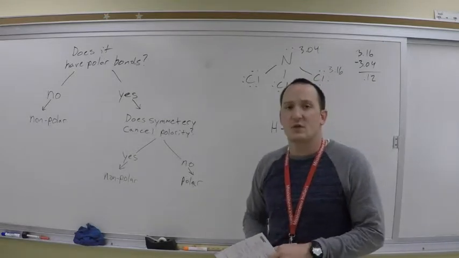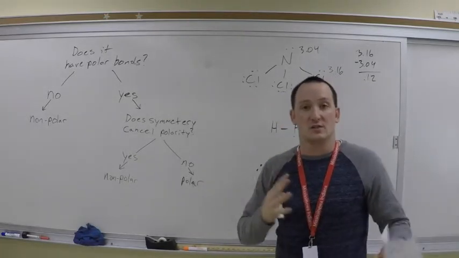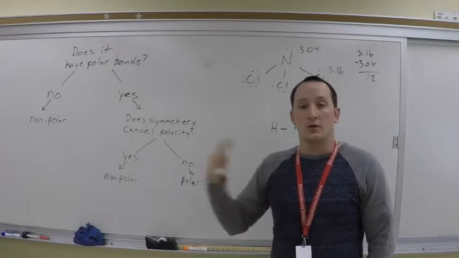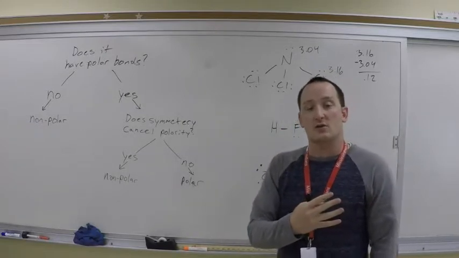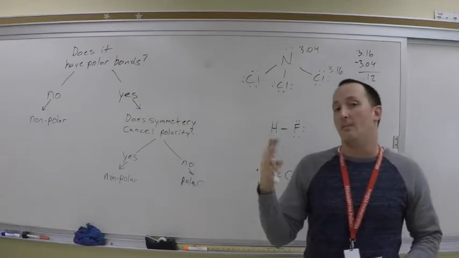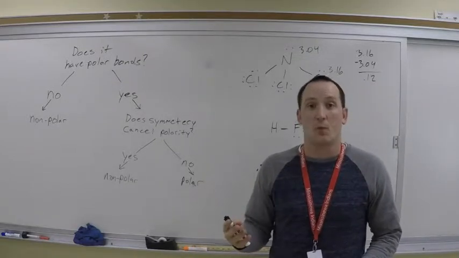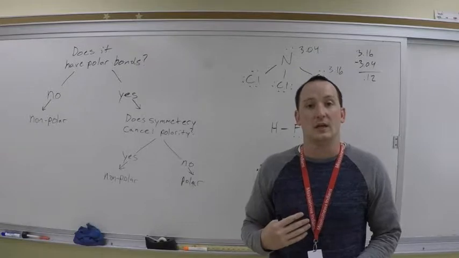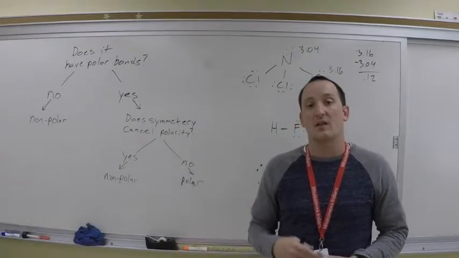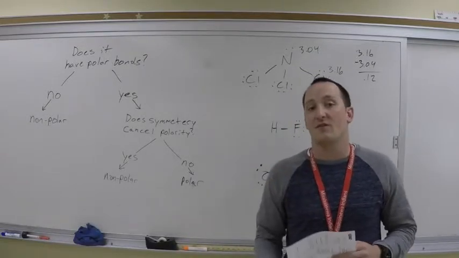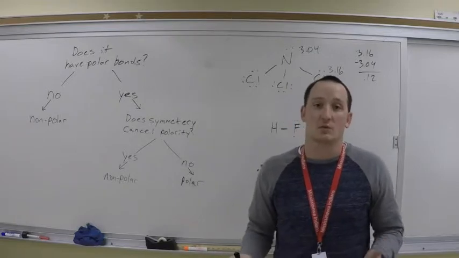Now, in a previous video, we went over the ranges of non-polar, polar, and the ionic spectrum. Remember, if the difference between 2 atoms' electronegativities is less than 0.5, we consider it to be a non-polar bond. If it's between 0.5 and 1.7, we consider it to be polar.